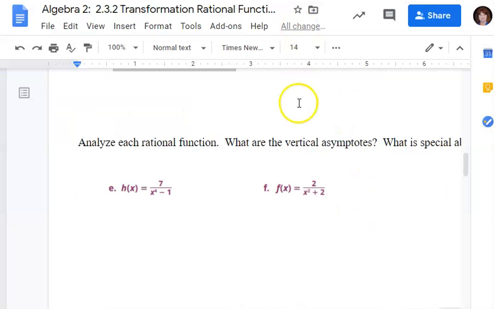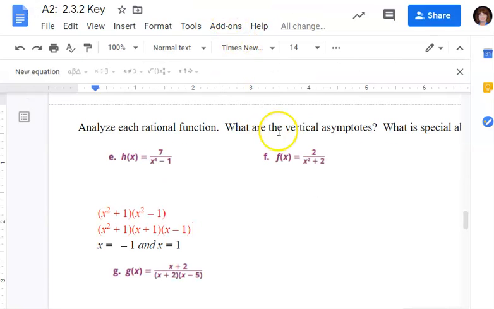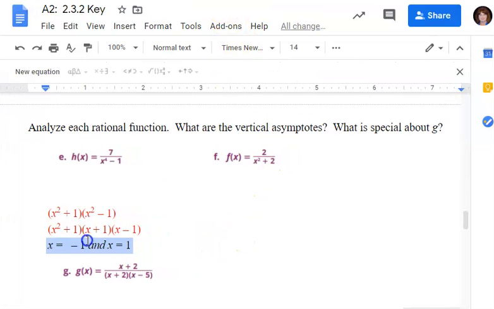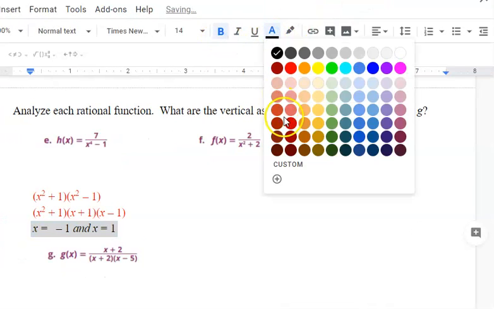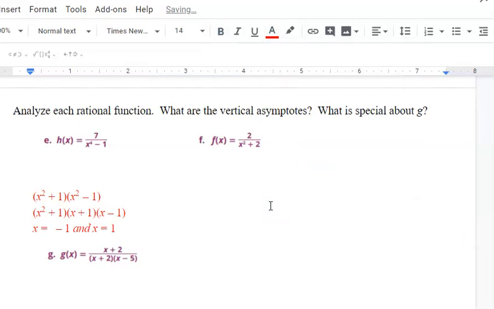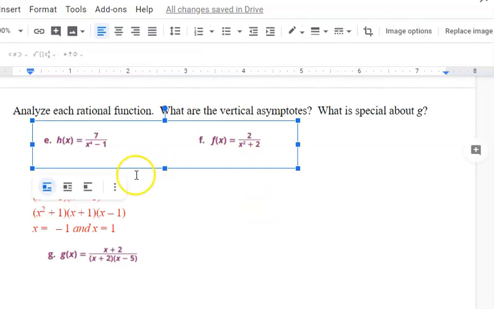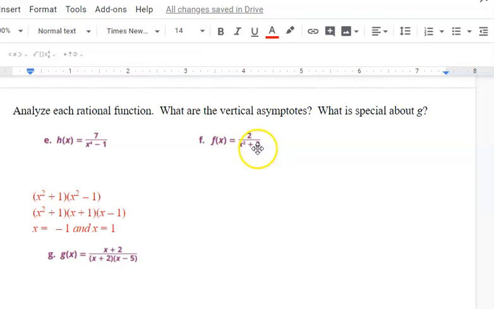All right, so the next one says, let me bold that. Make that pretty too. All right, so the next one has x squared plus 2 in the denominator. Well, this time you can't really solve that.